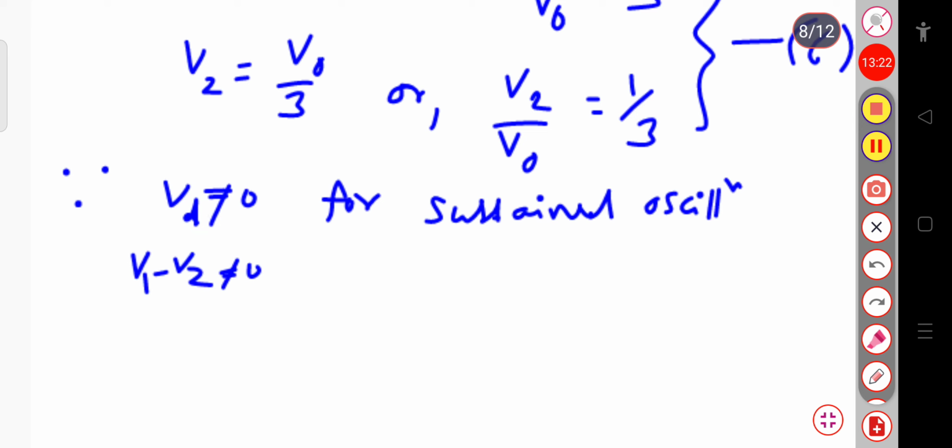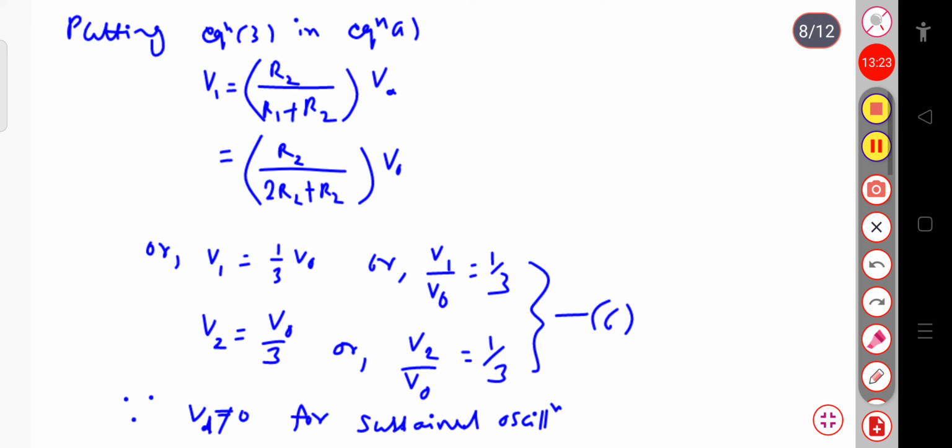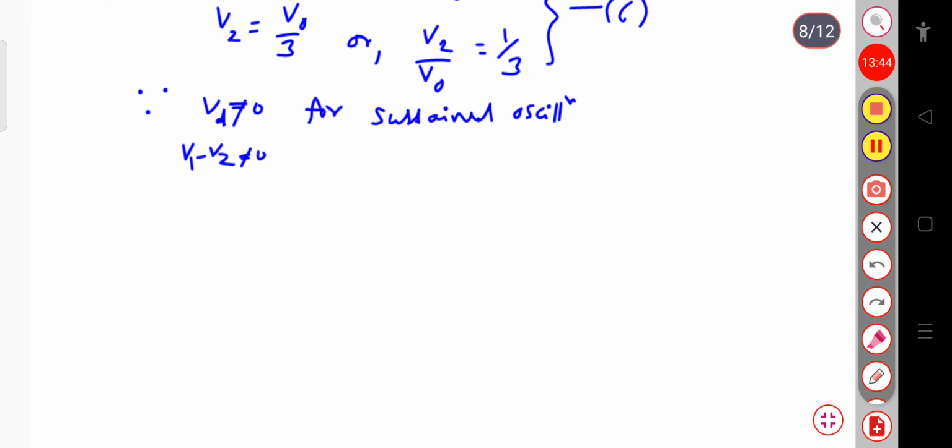The value that we have calculated, R2 by R1 plus R2, here is R2 divided by 2R2 plus R2, that will be 1 by 3 of V0, that is the output voltage. But for the sustained oscillation, since V1 minus V2 is not equal to 0, we can write R2 divided by R1 plus R2 should be less than 1 by 3.